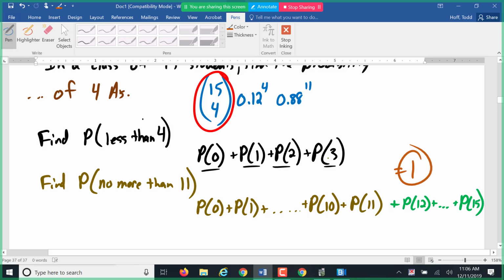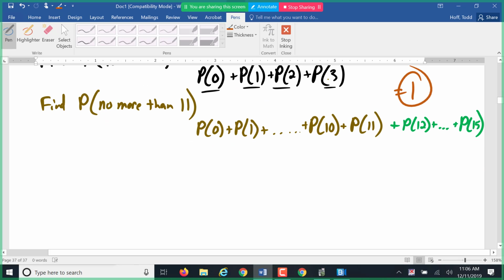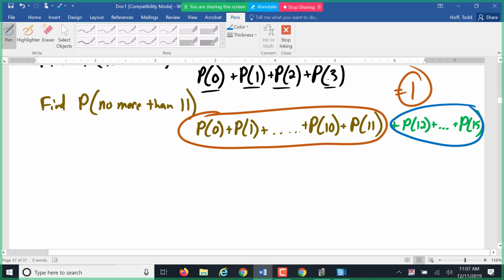So if we know that they all add up to 1, and I want to know the probability of no more than 11 getting A's, rather than finding these 12 probabilities and adding them up, I could find these 4 probabilities: the probability of getting 12, 13, 14, or 15.